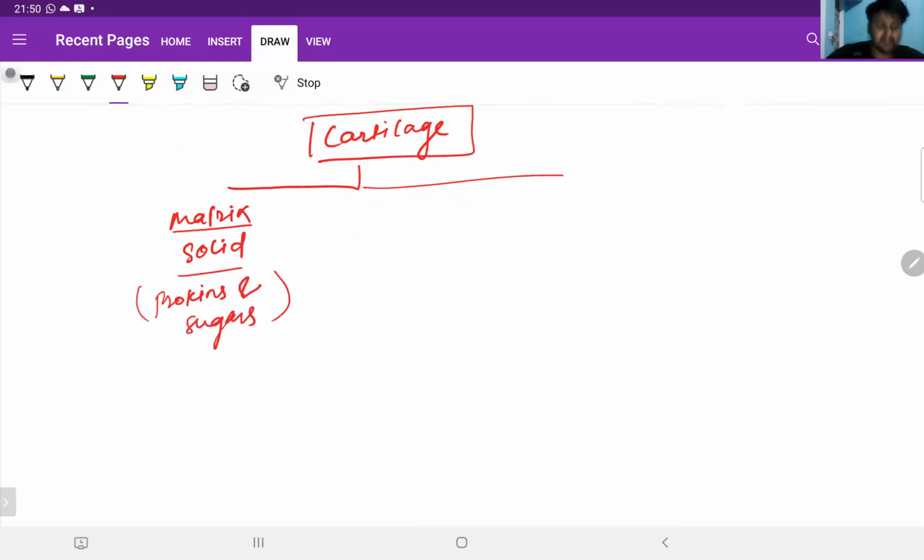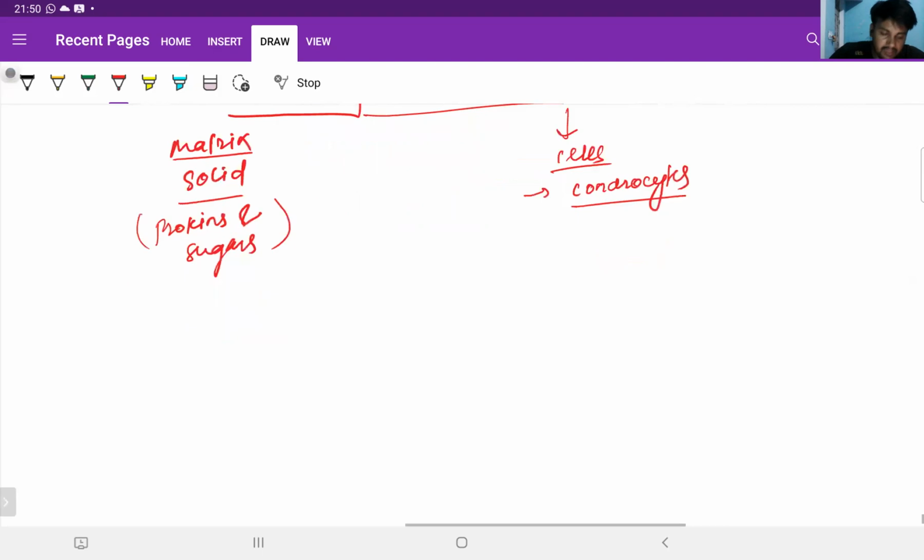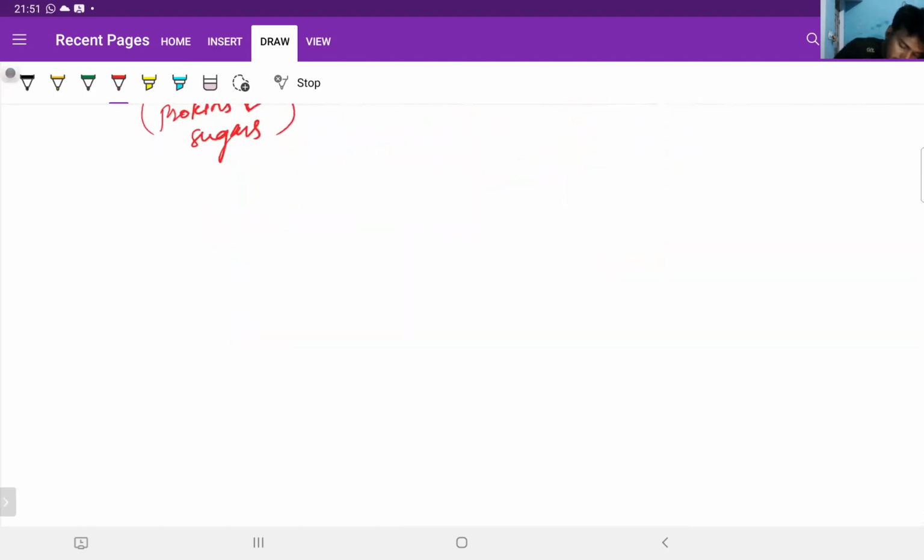It is not really necessary to know the names of those proteins and sugars at your level. And the cells which are involved in the formation of cartilage are called chondrocytes, right? So this is it. We have already talked about the location of different types of cartilage, where they are present. And then I have one more to go.